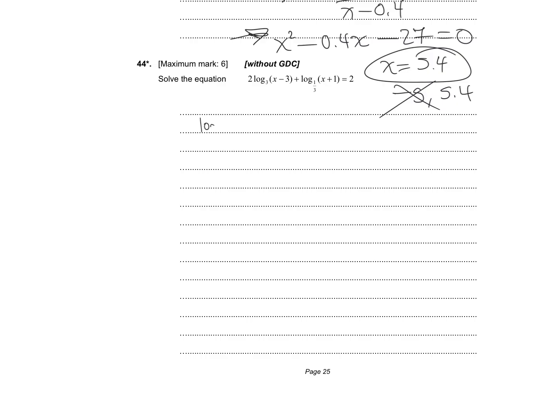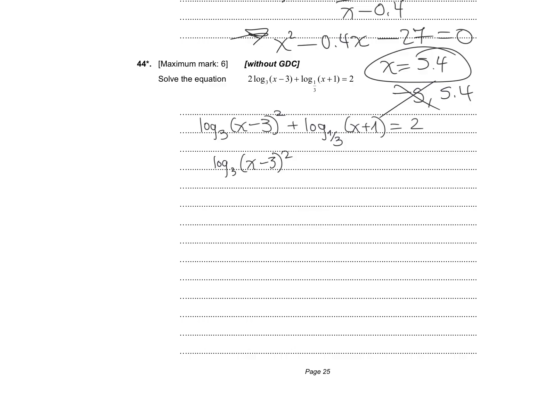So it's going to be log base 3 of x minus 3 squared. And then we have plus log base 1/3 of x plus 1 equals 2. So we can get this 1/3 into base 3.